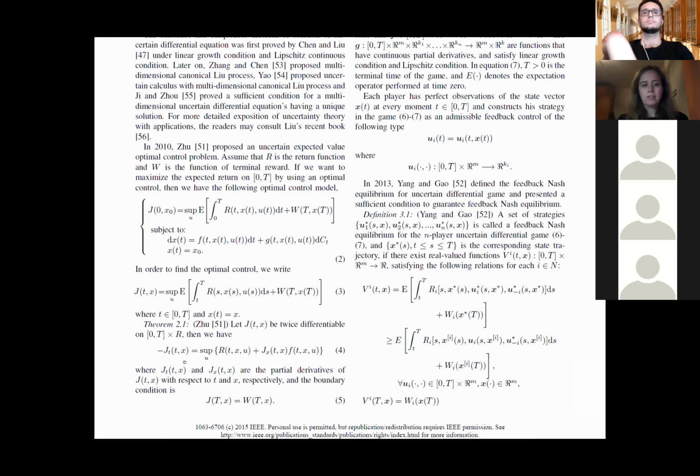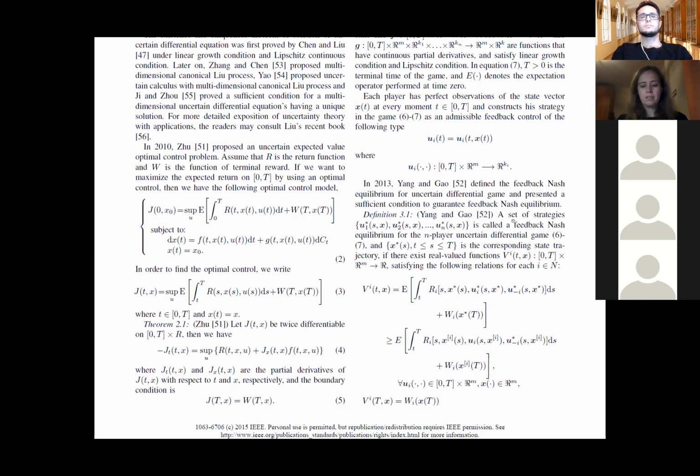Then we have this. These are the partial derivatives with respect to t and x respectively. And the boundary condition is this.